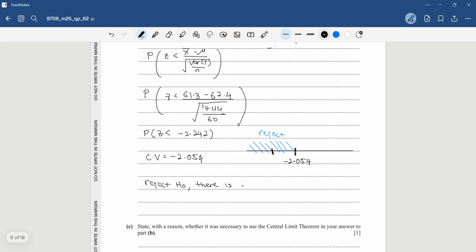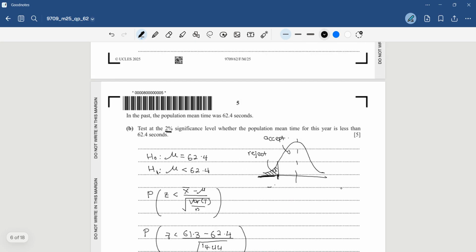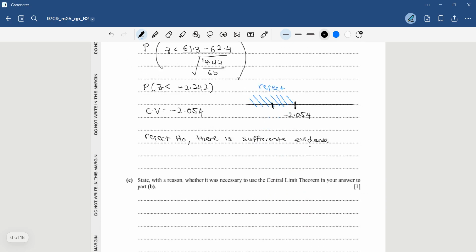There is sufficient evidence to conclude the population mean time is less than 62.4.